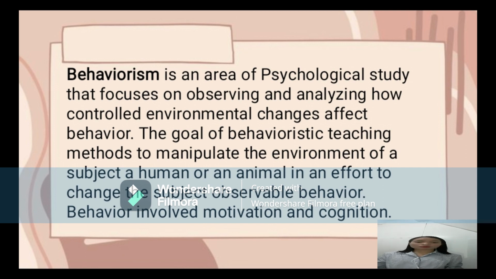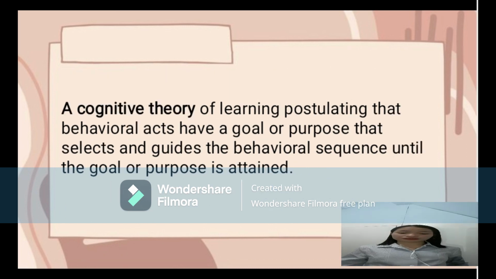Behavior involves motivation and cognition. A cognitive theory of learning postulates that behavioral acts have a goal or purpose that selects and guides the behavioral sequence until the goal or purpose is attained.